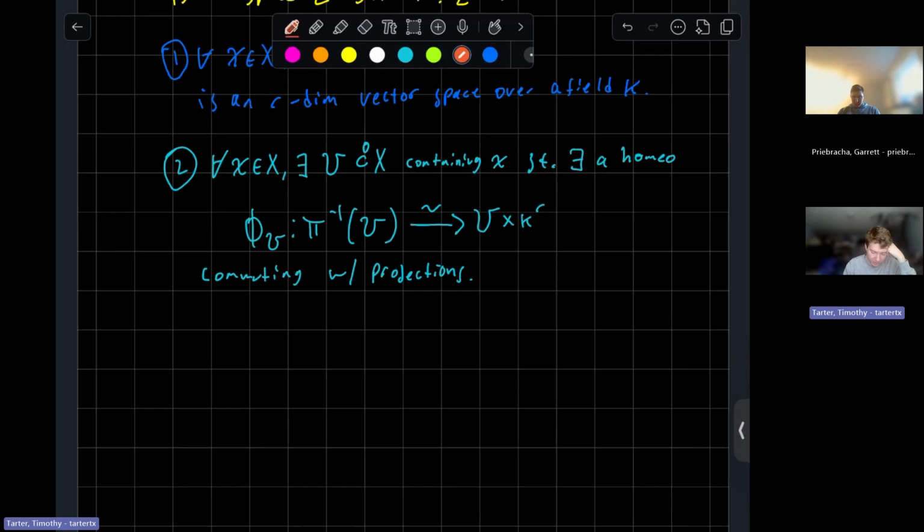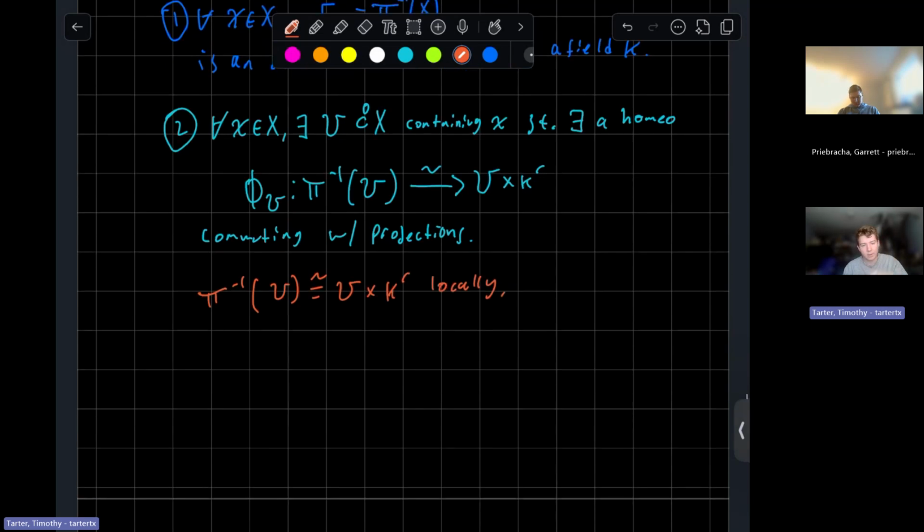And just kind of as an implication, basically pi inverse of U is isomorphic to U cross K to the R locally.